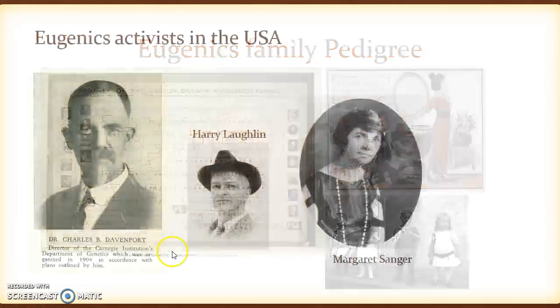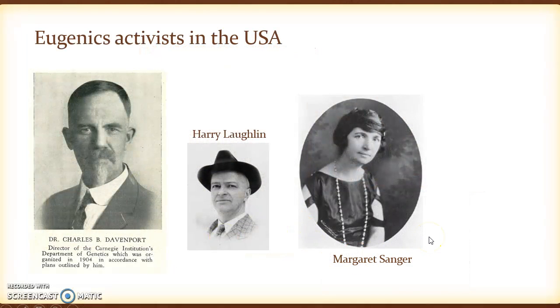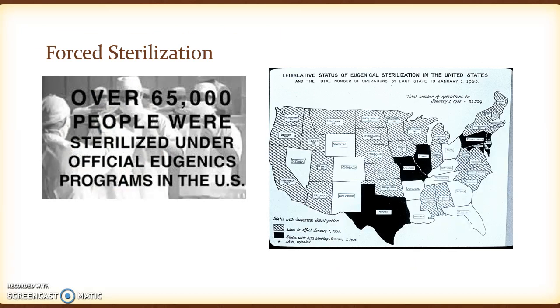One of the most famous followers of eugenics in the United States were Charles Davenport, Harry Laughlin, and Margaret Sanger. One of the famous negative eugenics measures was forced sterilization. During the eugenics active period, over 65,000 people were sterilized under an official eugenics program in the United States.